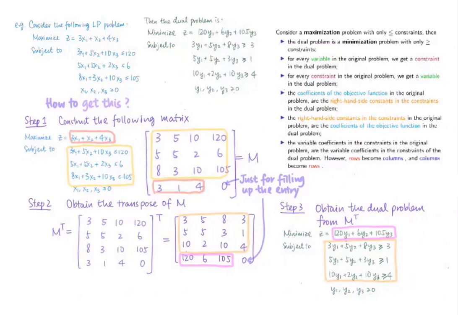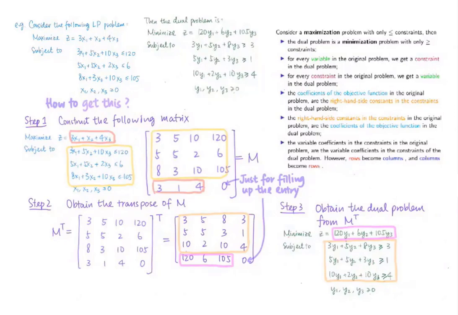Since there are three constraints, so far we have filled up three rows. Since we have three variables, together with the right-hand side values, there are altogether 4 columns. After that, we refer to the objective function of the original problem and use the coefficients of the variables to fill up the last row of the matrix.